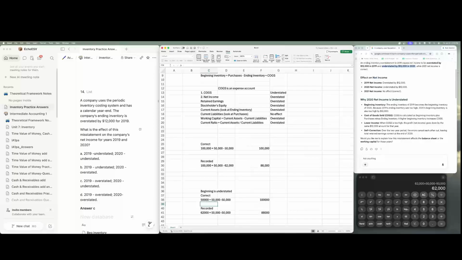So okay, the next year, the cost of goods sold would actually be overstated. So then the net income would be understated.